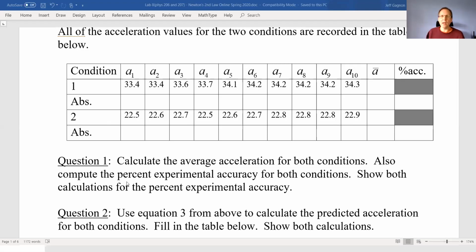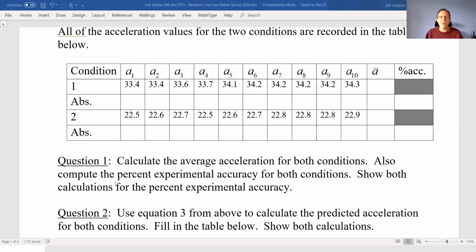So question 1, what I want you to do is to calculate the average acceleration for the first condition, and then the average acceleration for the second condition. Remember, when you calculate the average, first of all, you add them up, divide by 10, then make sure you round to the resolution of the instrument, which in this case is 1 decimal place.